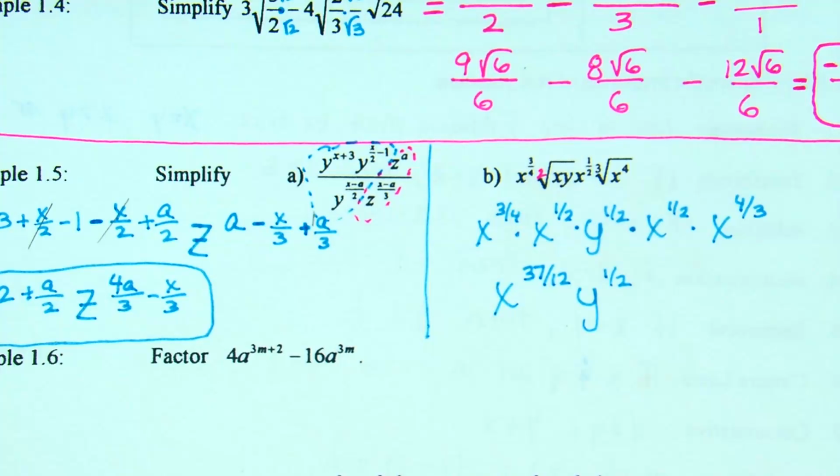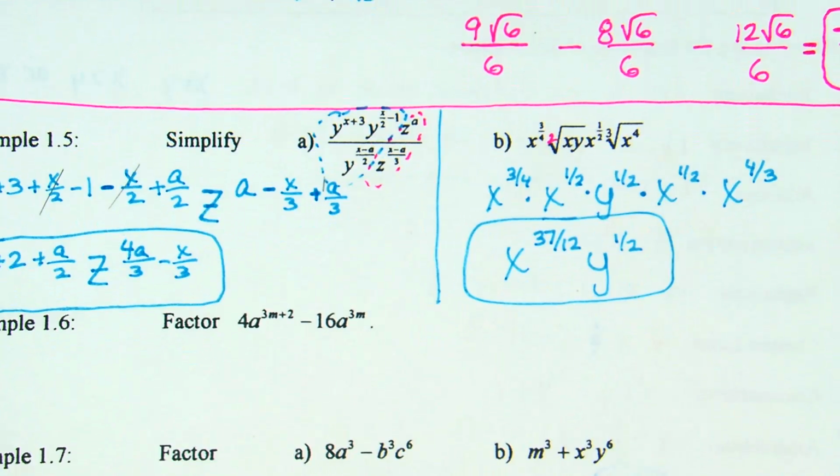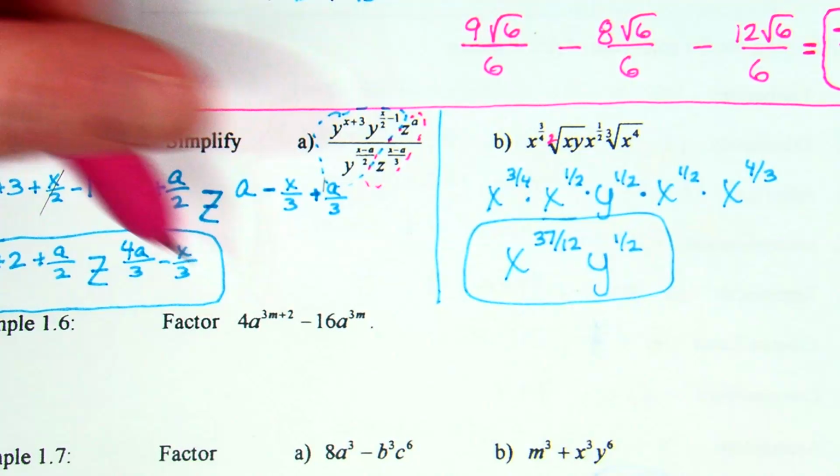I really need to do some of the rest of these, but, well, okay, real quick, 1.6. Factor. You need to think GCF here. And what you need to think, this 4a to the 3m plus 2, there's a 4 there, right?